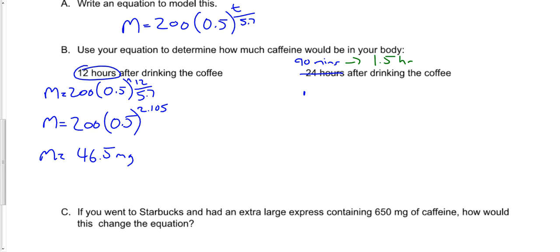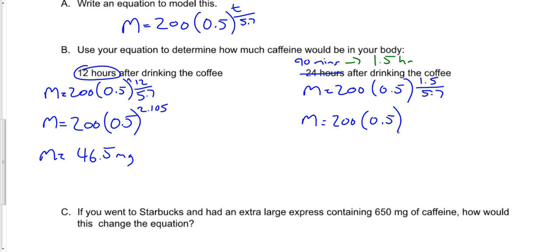So same original equation, M is equal to 200 times 0.5. In this case, the actual amount of time, the t value, is going to be 1.5 divided by 5.7. So the mass is going to be 200 times 0.5, and 1.5 divided by 5.7 gives me approximately 0.2632.